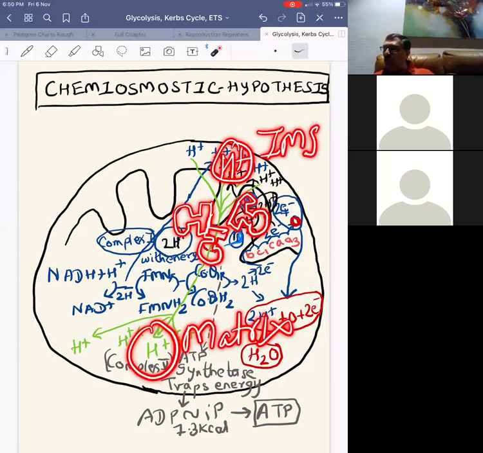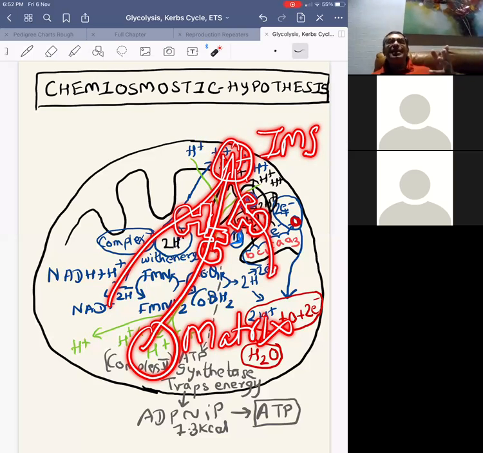Protons will have to pass through the F1 particle. What is present in the F1 particle?